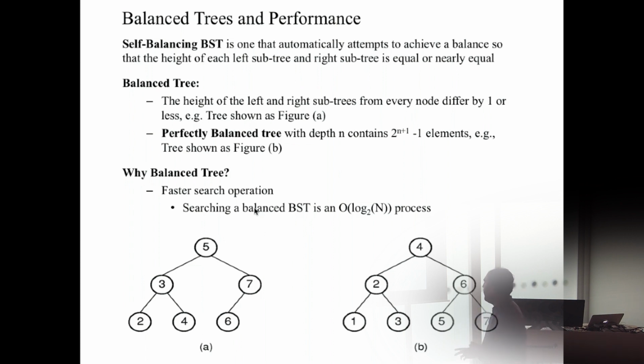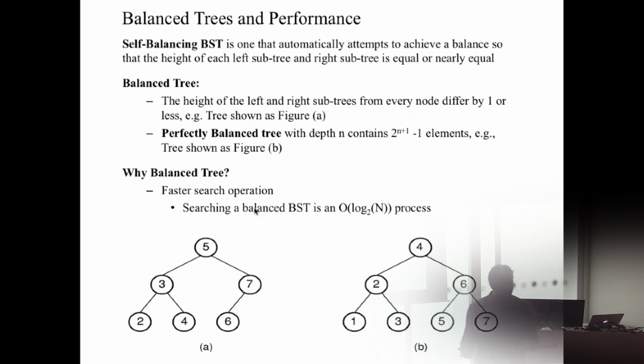So for example, here, if we take the 5 as a node and see 1, 2, and from the right side 1, 2, that's fine. But if we talk about this one, it's 1 and the other one is 0. But the difference between the two is only 1. So it's okay. It's a balanced tree, but maybe not a perfectly balanced tree.